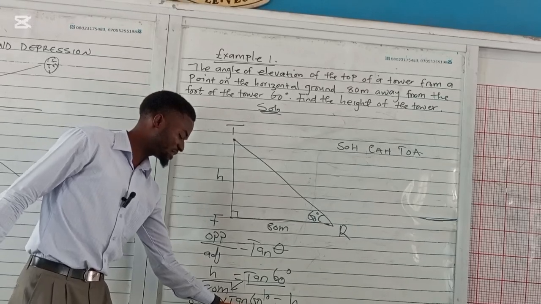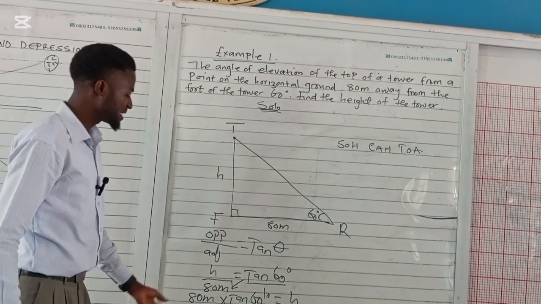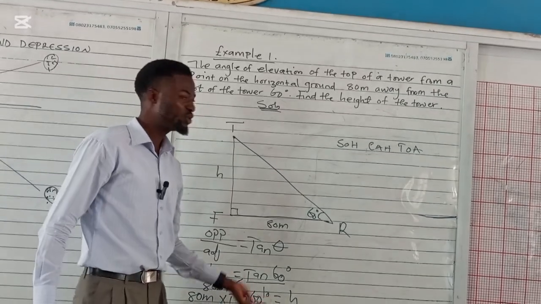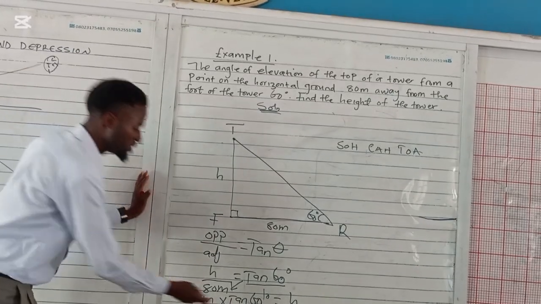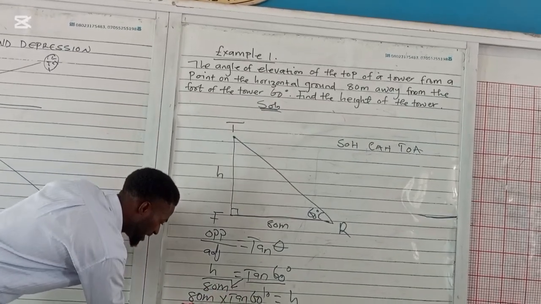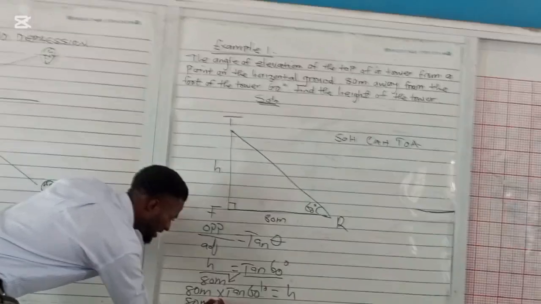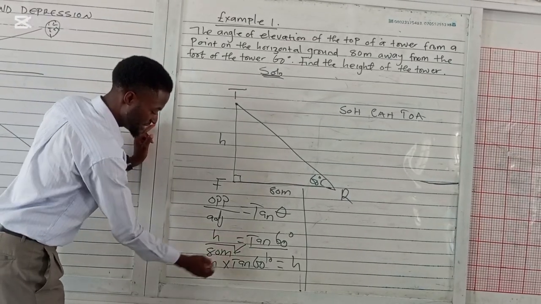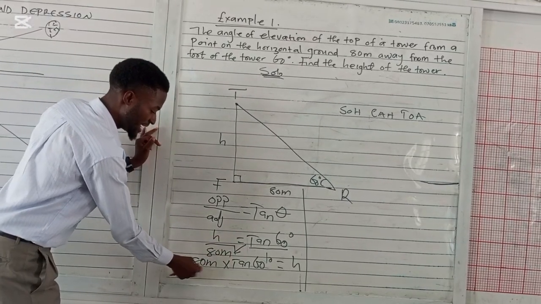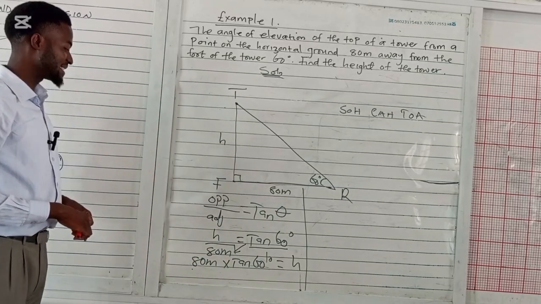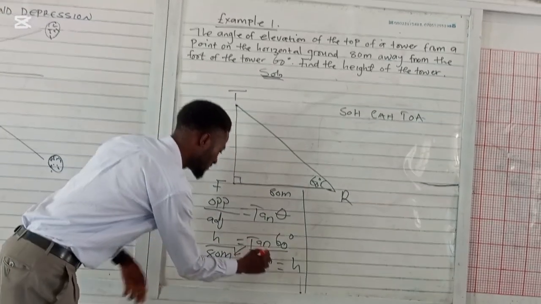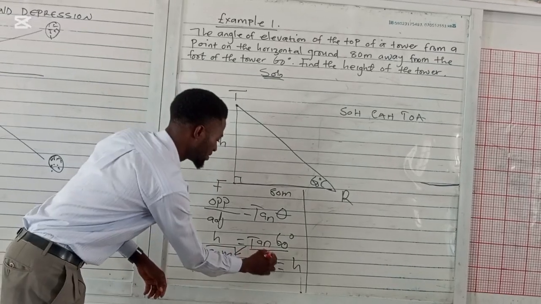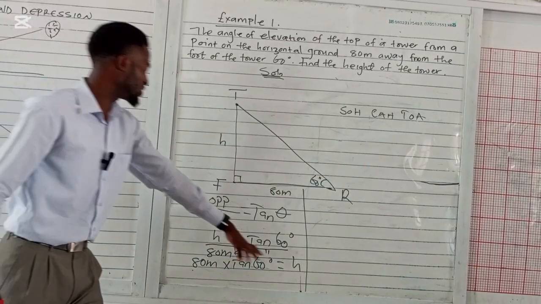This is a special angle, so you can apply the special angle, or you can go directly and input your value. So we have 80 meters times tan 60 degrees over 1, which is equal to h.